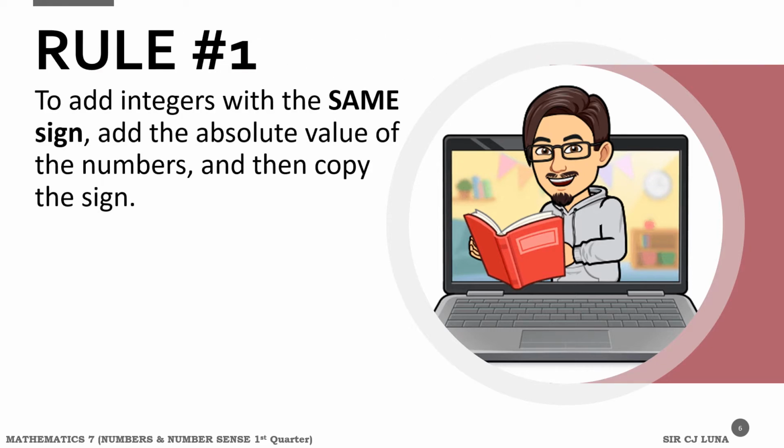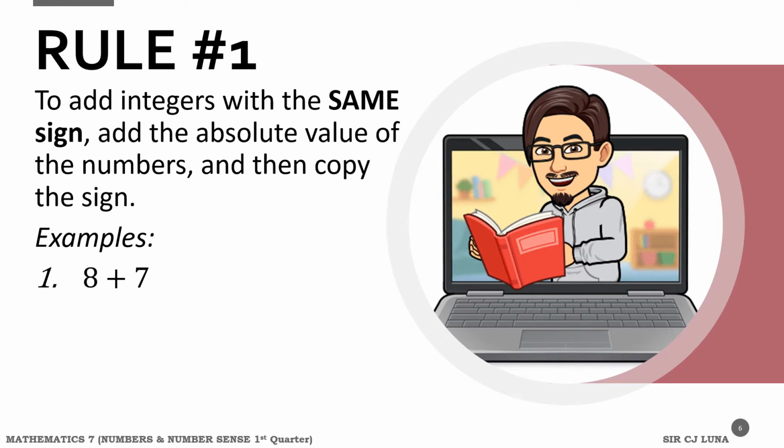Rule number 1: to add integers with the same sign, add the absolute value of the numbers, then copy the sign. Kapag ang ating mga given integers ay pareho sila ng sign, for example, parehong positive, parehong negative, ang gagawin mo lang ay you add them up. Pagkatapos, kokopyahin mo lang kung ano yung kanilang parehong sign.